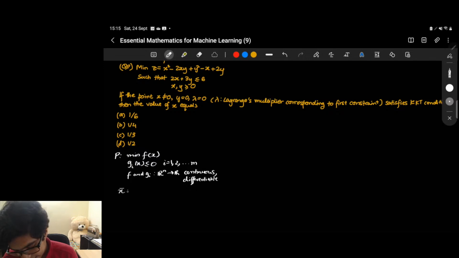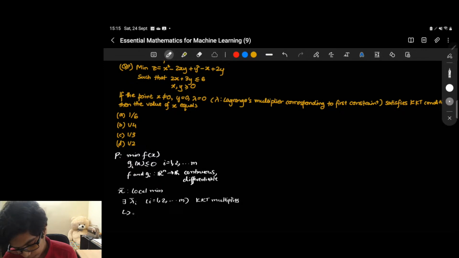Let's say x bar is a point of local minimum. Then there exist certain multipliers lambda i, for i equal to 1, 2 up until m, and these are basically KKT multipliers or Lagrange multipliers.